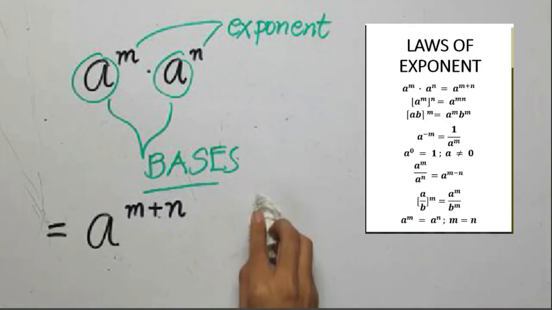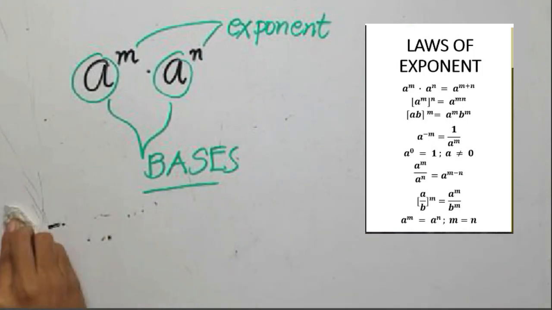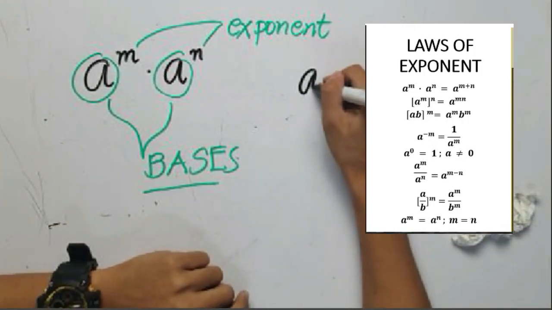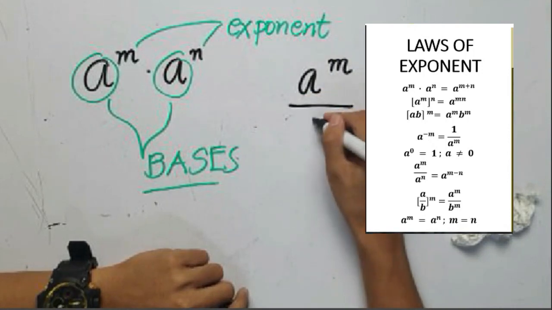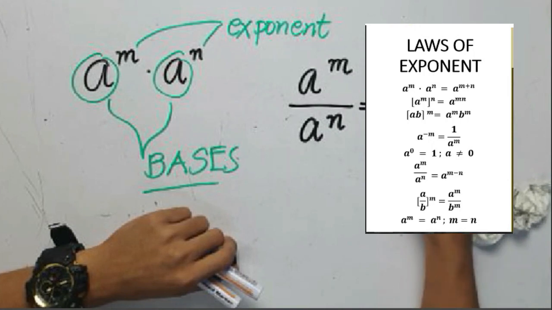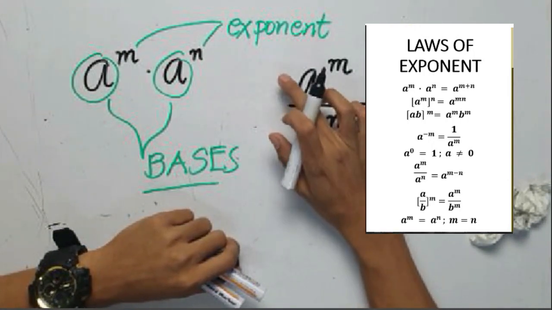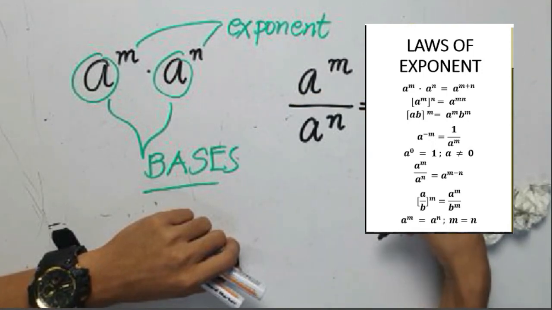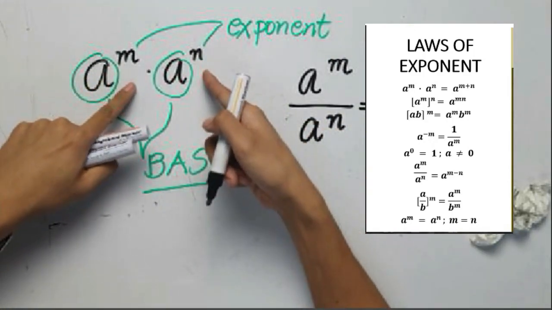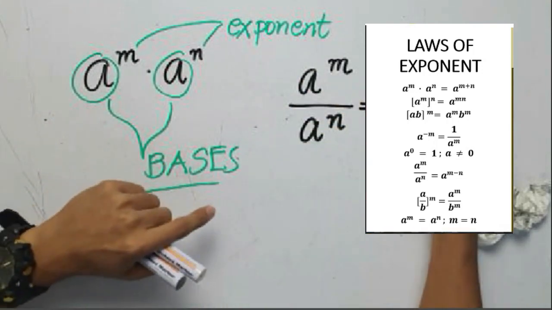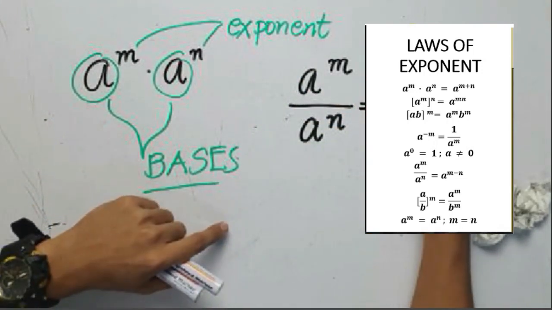Paano naman kapag rule na sila naman ay i-divide? So for example, I have here a raised to m over a raised to n. Ang equivalent naman nito ay you will also check if their bases are the same. So same naman sila. So I will just write a and then instead of adding, katulad ng sa ating multiplication law, dito naman kapag division, i-minus mo naman sila or isa-subtract mo sila.